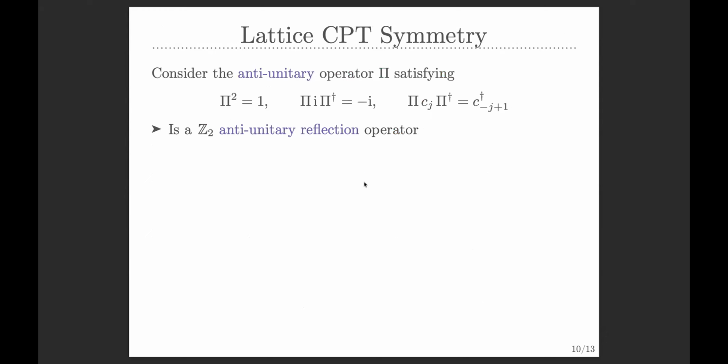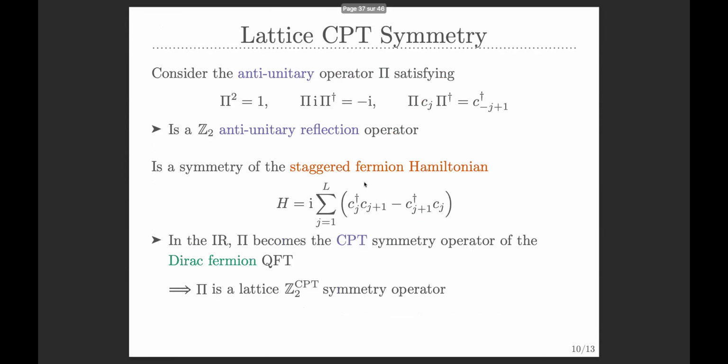So this is the lattice CPT symmetry we're going to consider. We're going to consider the following anti-unitary operator pi. It squares to 1. Okay, it's anti-unitary, so it sends i to minus i. And it does a link-centered reflection of the complex fermions, and also hits it with a dagger. So this is some Z2 anti-unitary reflection. And it's easy to check that it's also a symmetry of the staggered fermion Hamiltonian.